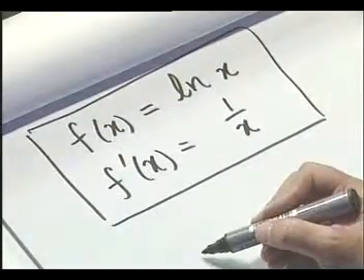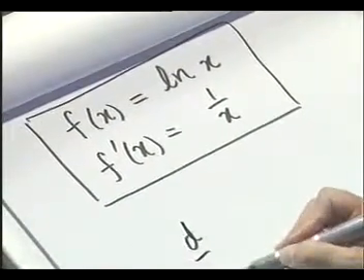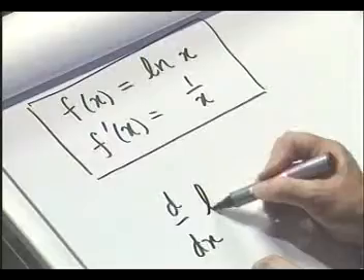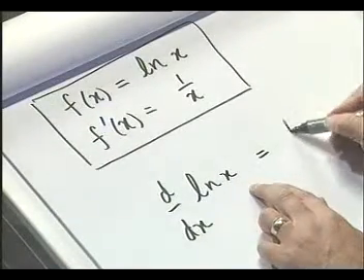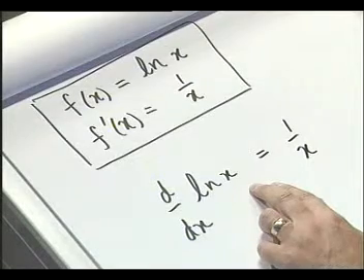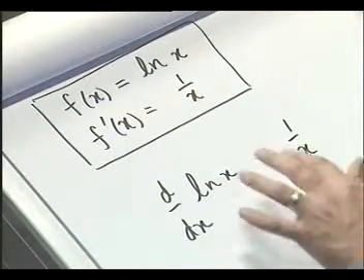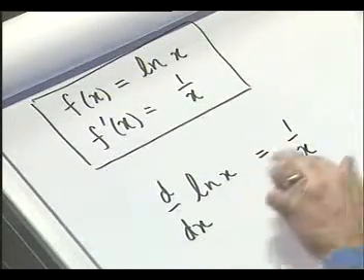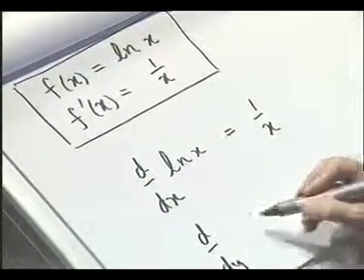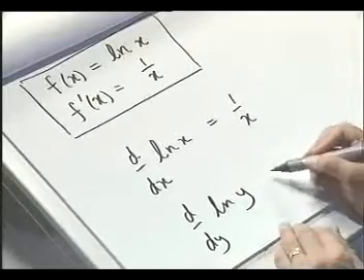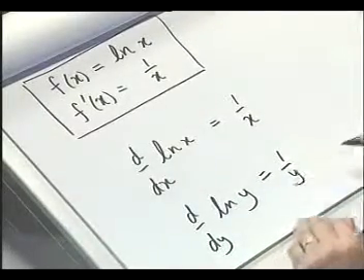What we've shown is that if you want to differentiate with respect to x the natural logarithm function, ln of x, the result that you'll get is 1 over x. We can use this result, whatever the letter is in here. So, for example, if we had d by dy of ln of y, the result will be 1 over y.